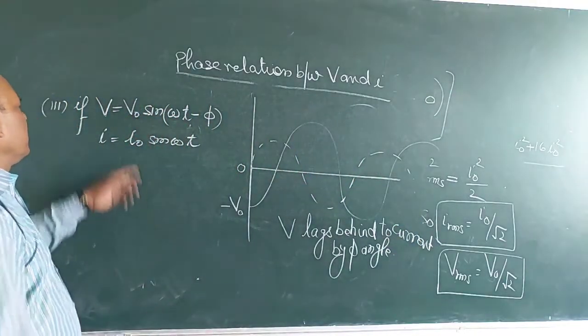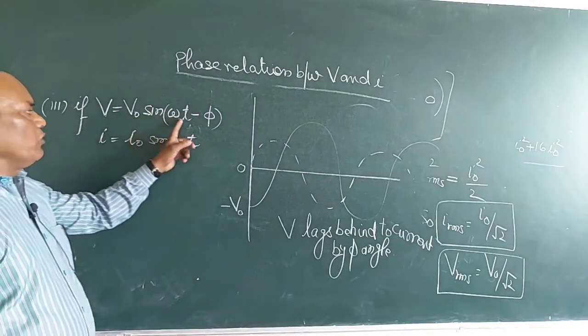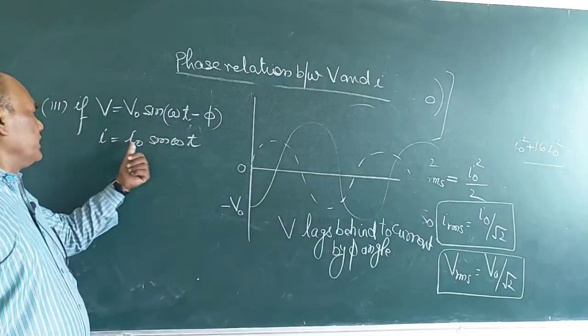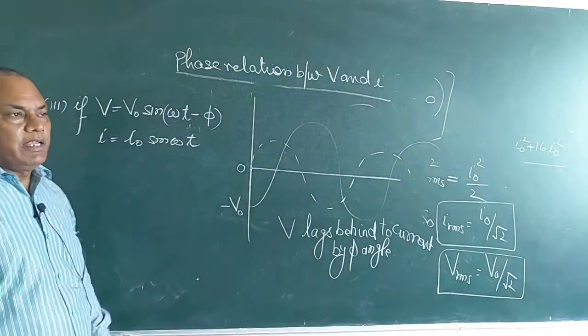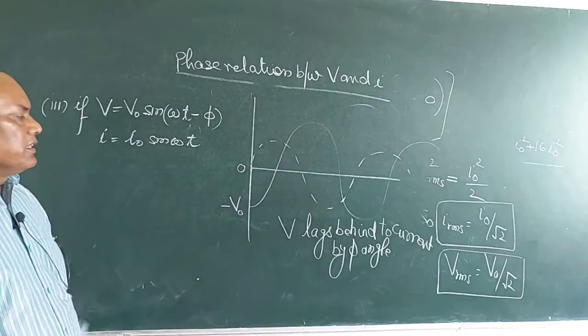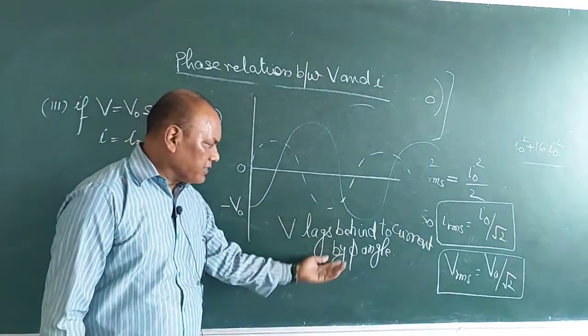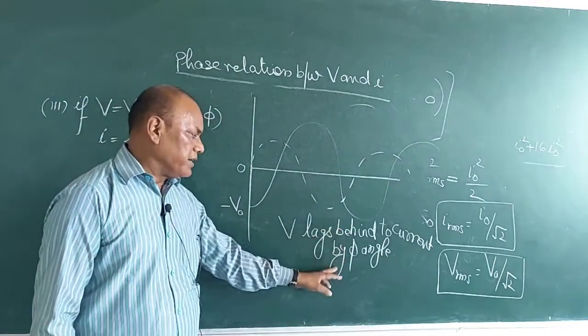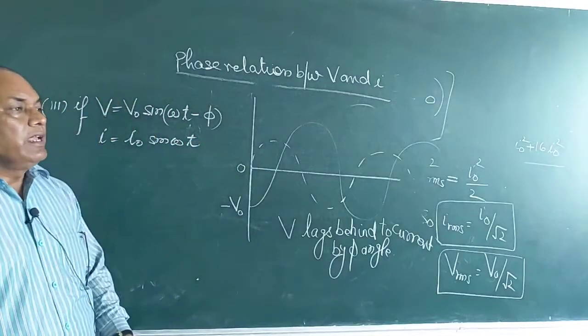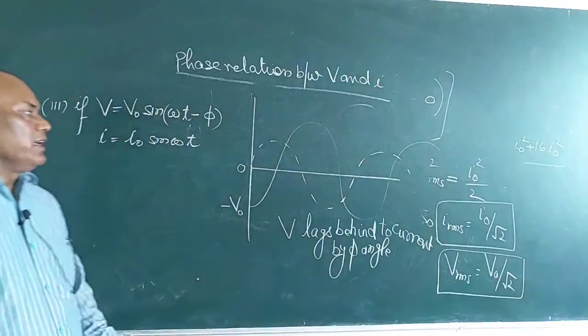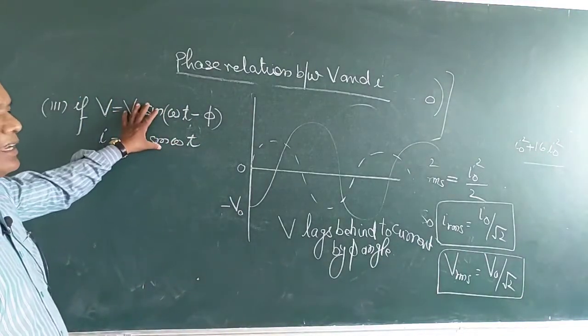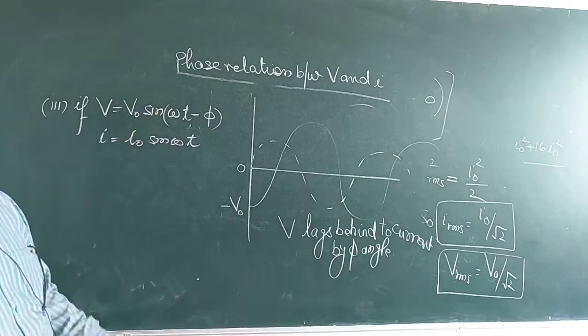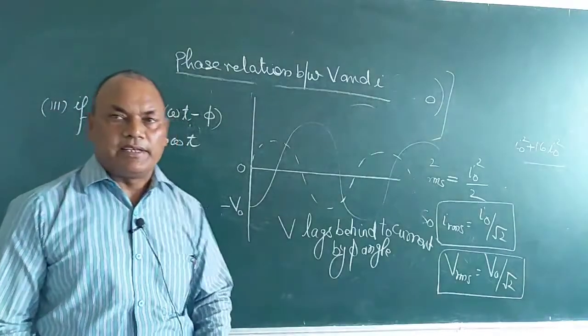So in this way, V equals V0 sin(omega t minus phi) and I equals I0 sin omega t shows the relation that voltage lags behind current by phi angle. In this way, we have seen the phase relation between voltage and current.